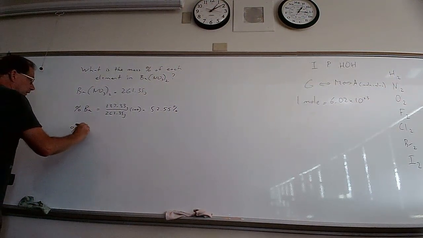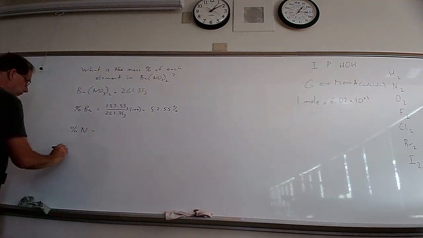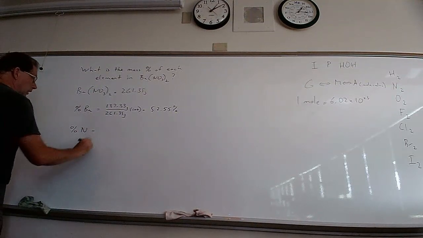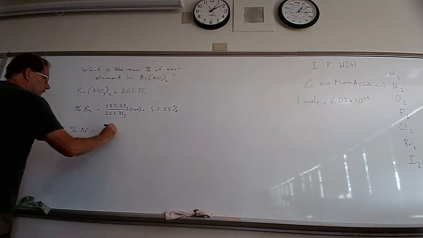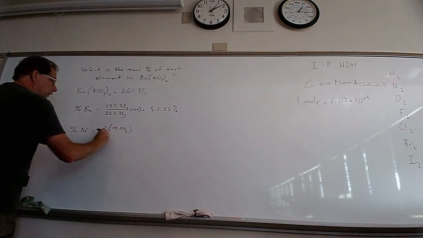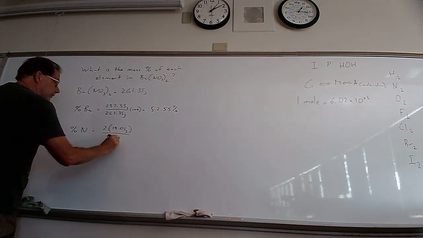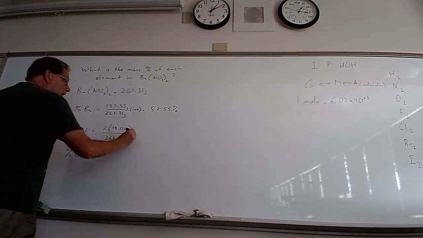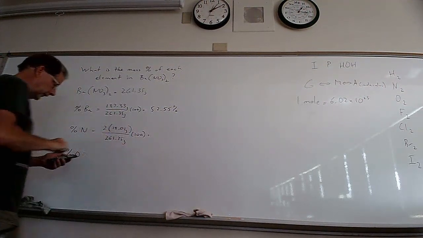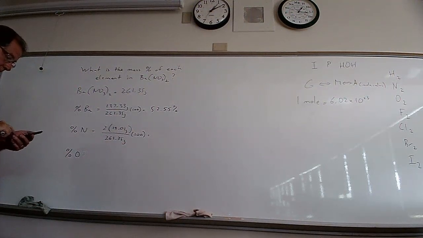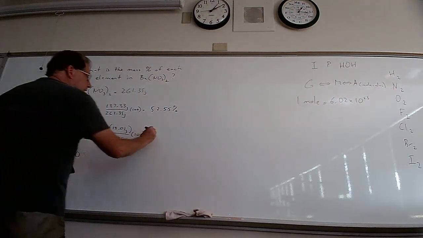All right, so percent nitrogen, and then I'll have percent oxygen here. So 2 times 14.01 divided by 261.35 times 100. So here we go. 2 times 14.01 divided by 261.35. I get 10.72%.